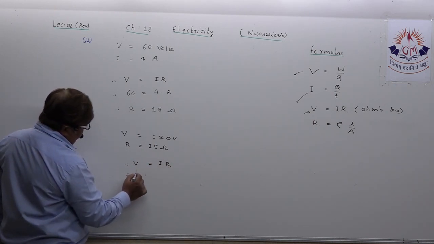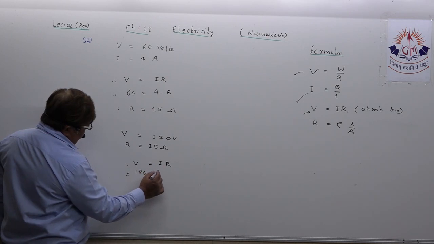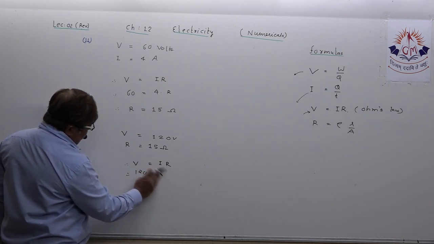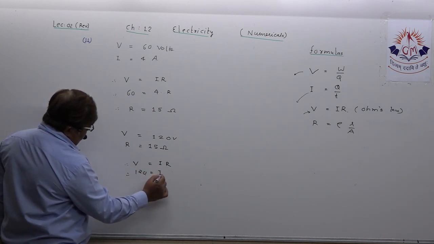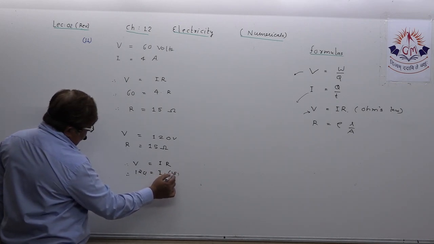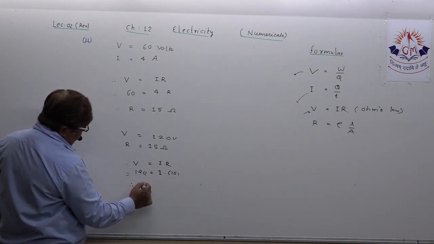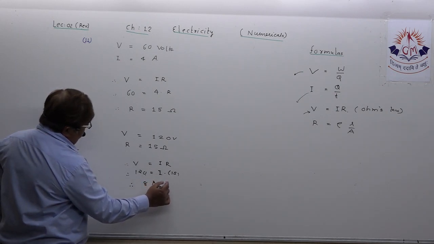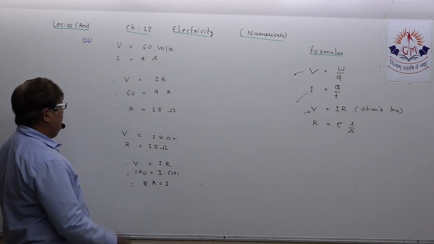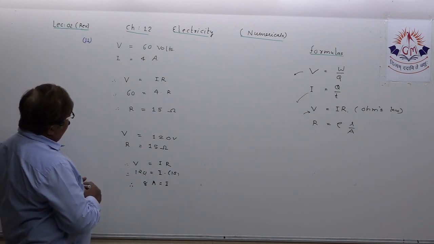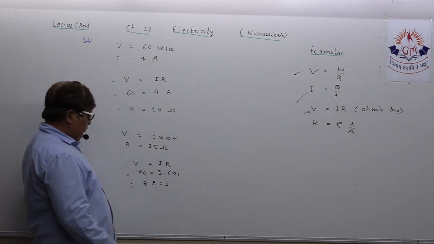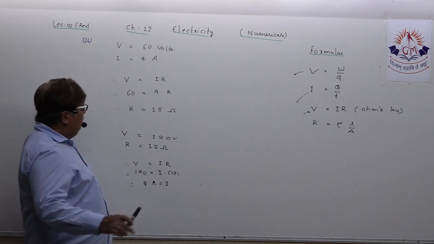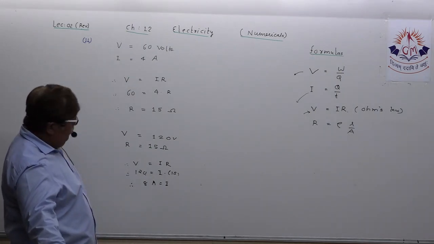V, that is 120. This is I we are looking for, and R 15. Just carry it here and you will get 8 ampere equal to I. Okay. Right. So this is the way, dear student, you can solve any numerical.